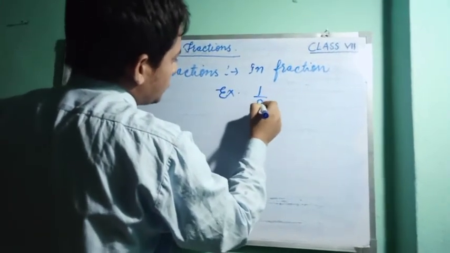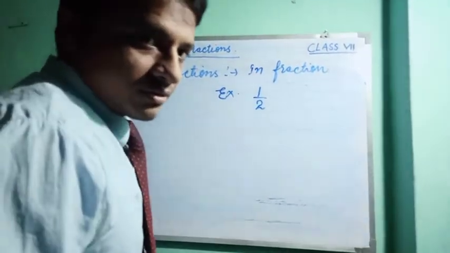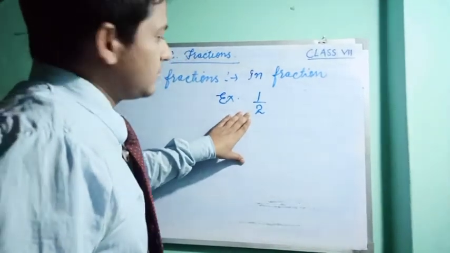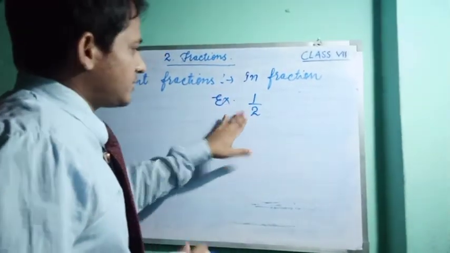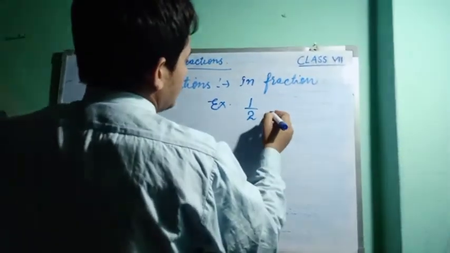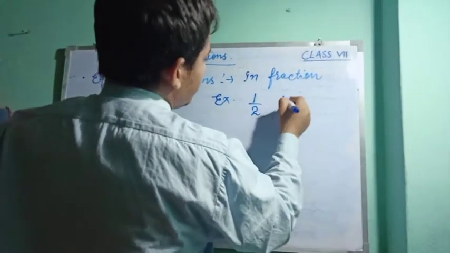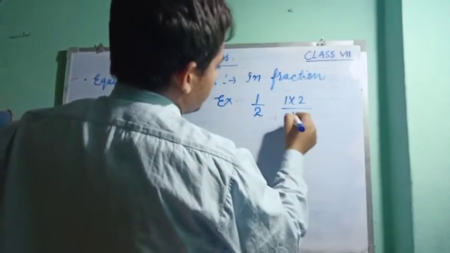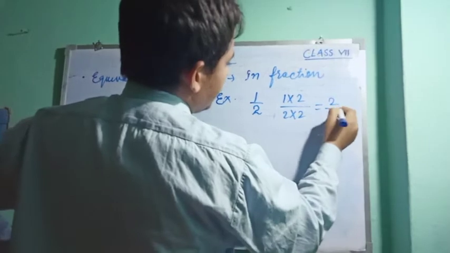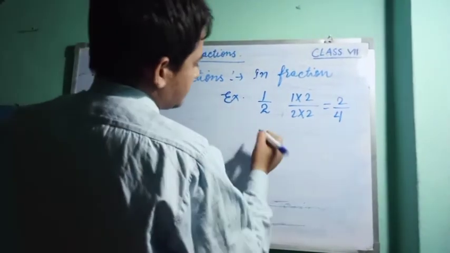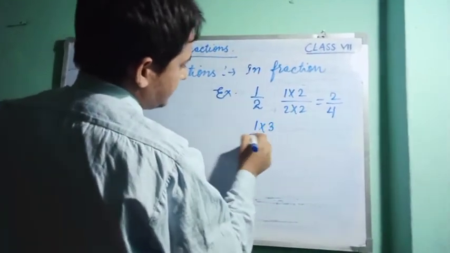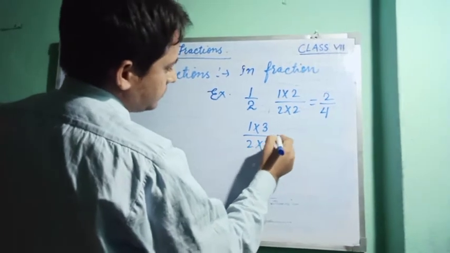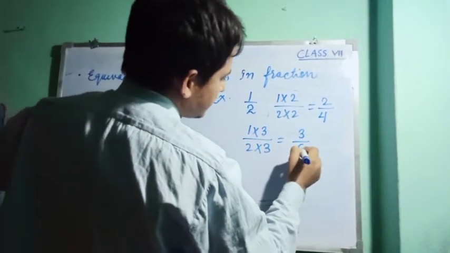Suppose 1 by 2 is a fraction. Now we are going to multiply the numerator and denominator by the same non-zero number. First, 1 multiplied by 2, then 2 also multiplied by 2, gives 2 by 4. Next, if 1 is multiplied by 3, then 2 multiplied by 3 becomes 3 by 6.